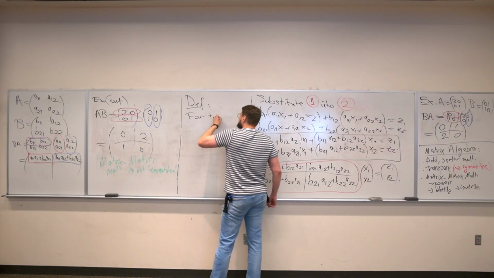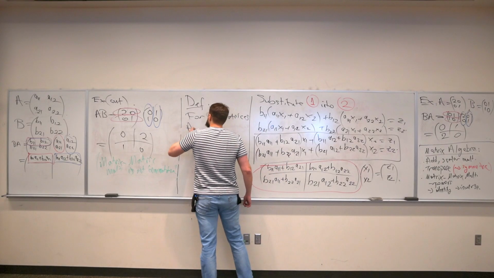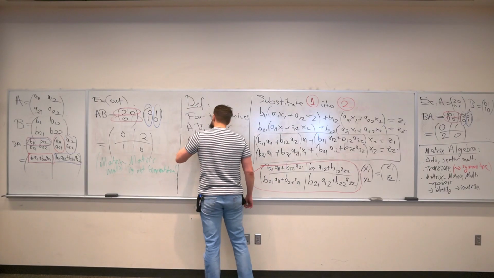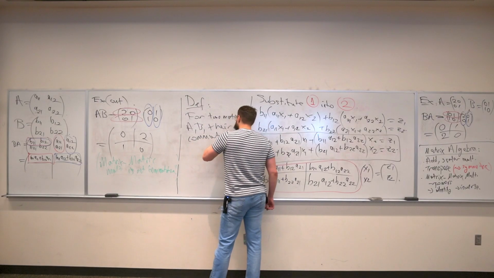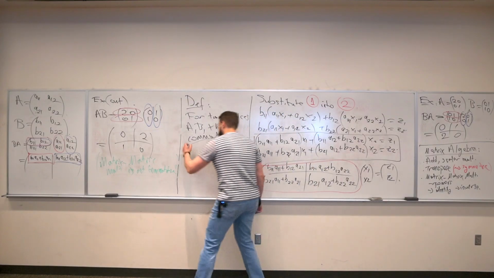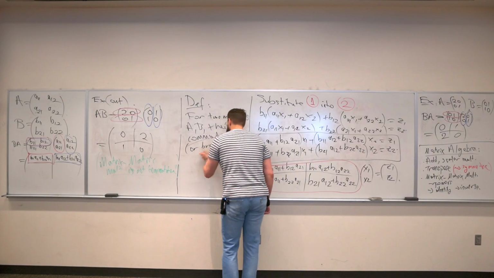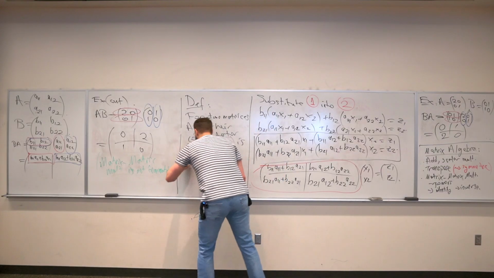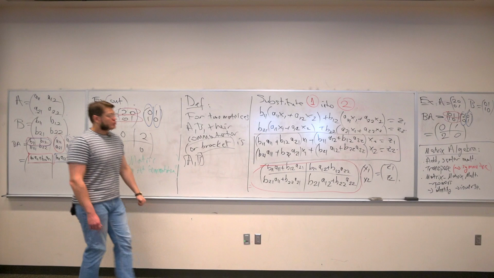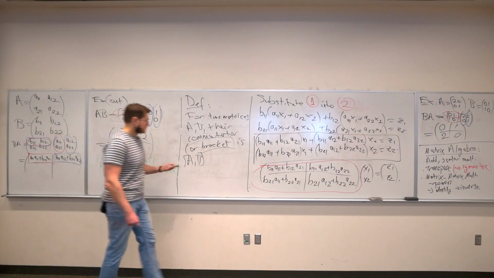For two matrices A and B, their commutator, or bracket, that's also a name, is denoted like this, A comma B in square brackets, while you compute AB and BA, and then you look at their difference.